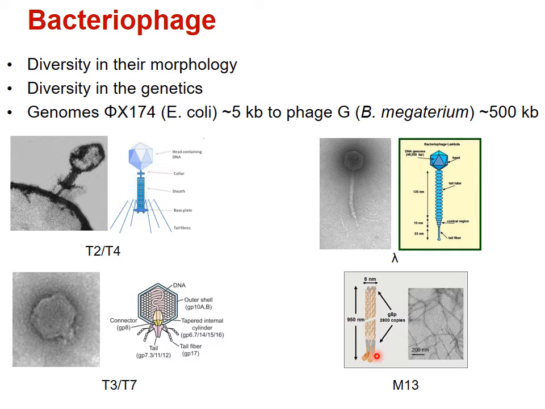So there's diversity in their morphology and their genetics, the kind of genes that they have inside them, and the size of their genomes. They can range from 5 kb up to 500 kb, and I have not checked in a while, but I know that new bacteriophage are being found all the time, with again more diversity.